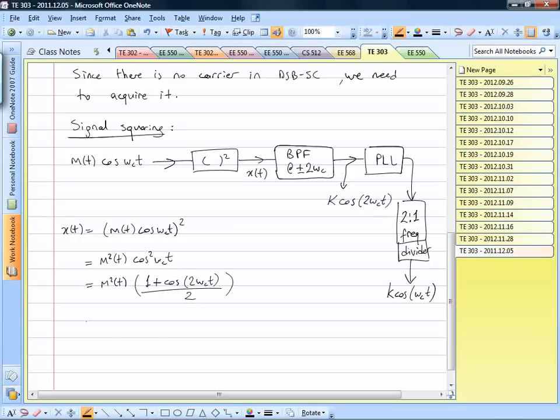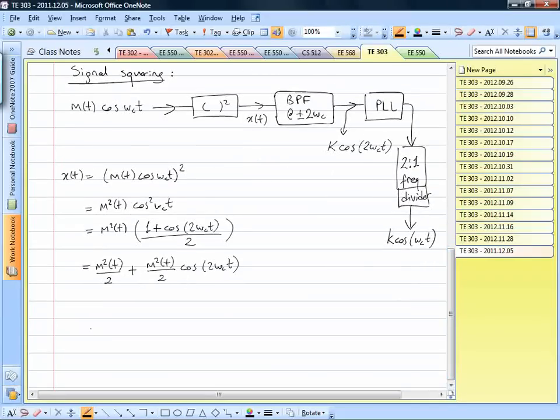Okay, so now we can see that there is a signal component, and then there's another component at cosine 2 omega ct. Now the bandpass filter will get rid of the first term, so that's going to be gone. So after the bandpass filter, after BPF, this term is gone.